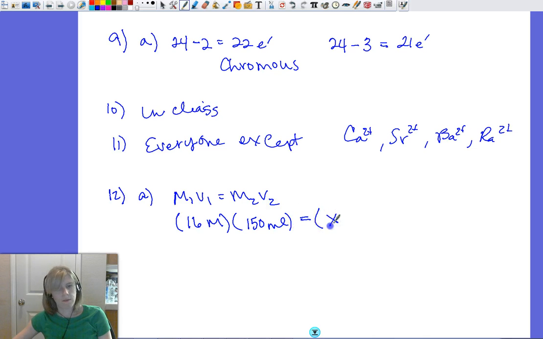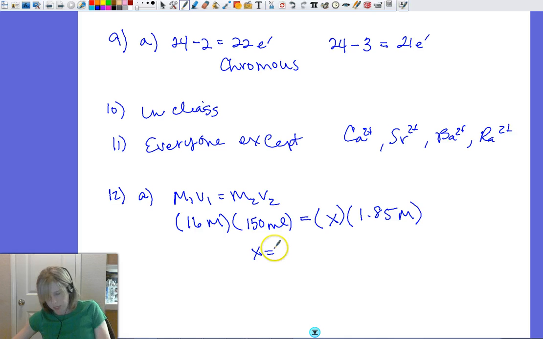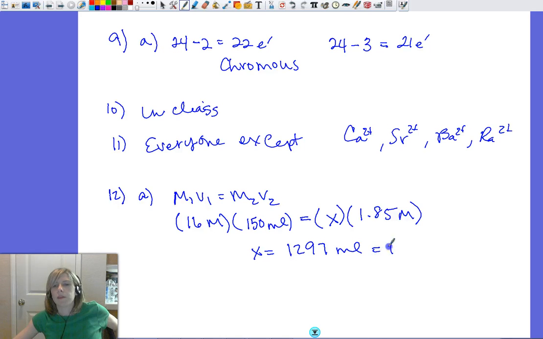Now it wants to know what volume would I end up with if I wanted a 1.85 molar solution. So 16 times 150 divided by 1.85. That gives me an X of 1297 milliliters. And now this is the final volume.